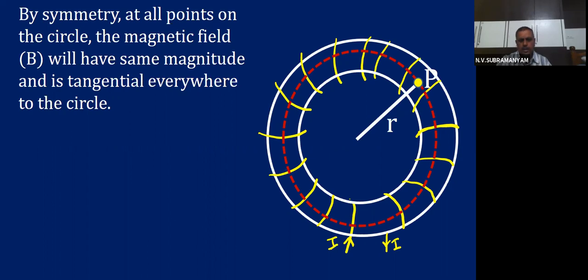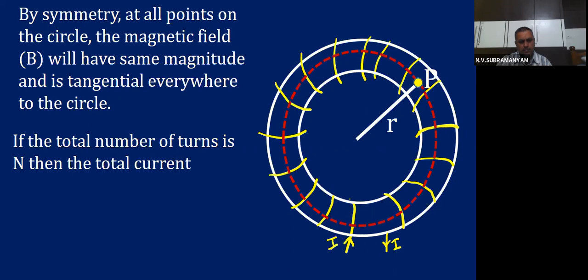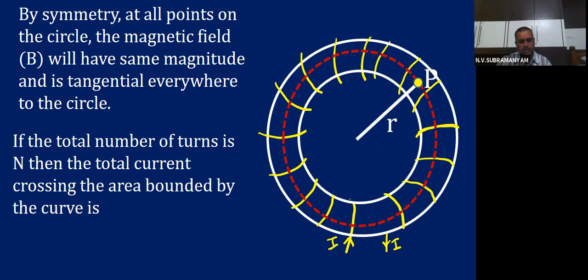So B and dl will always be parallel. If the total number of turns is capital N, then the total current crossing the area bounded by the curve, curve means circle, is how much? Ni. You know, for one turn the current is I, children.